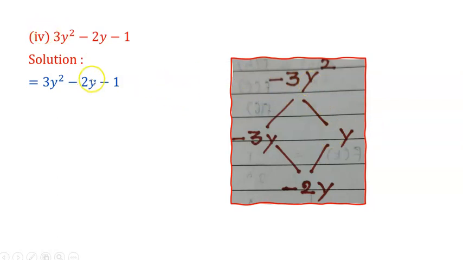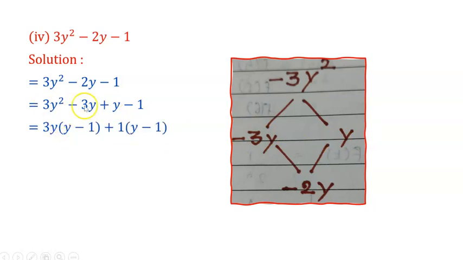Therefore, we replace here minus 2y by minus 3y and plus y. See this here. 3y square, this minus 2y is replaced by minus 3y plus y. Next, from these two terms, take 3y as a common. Then in bracket you will get here y minus 1. And from these two terms, take 1 as common.